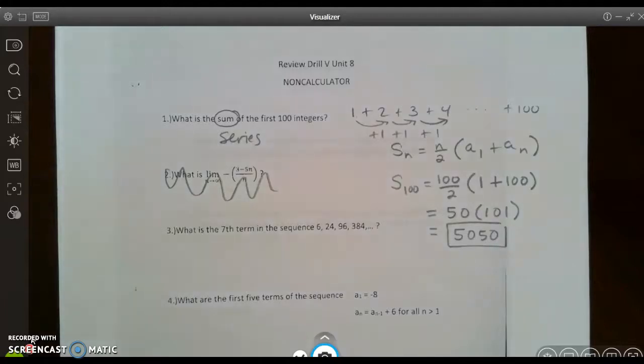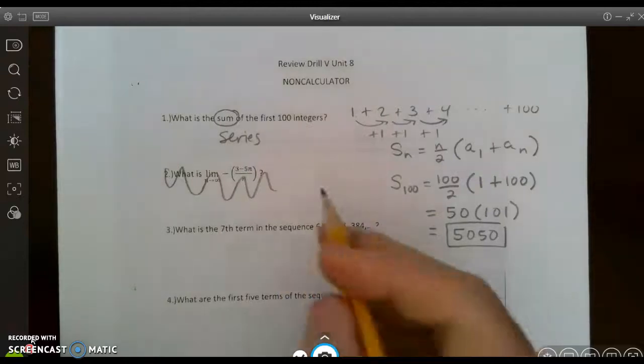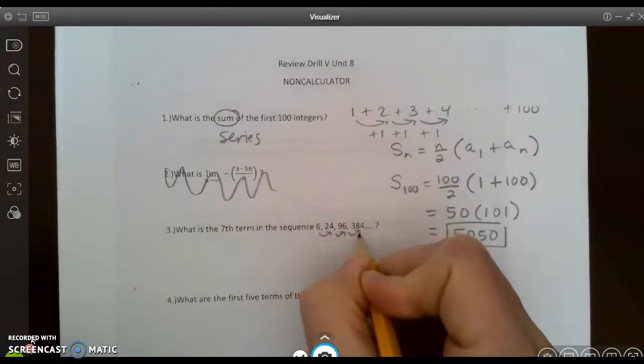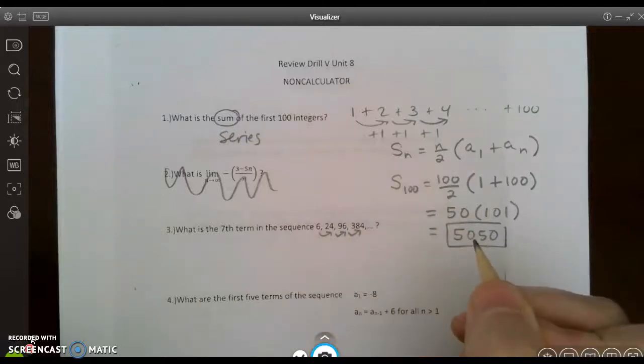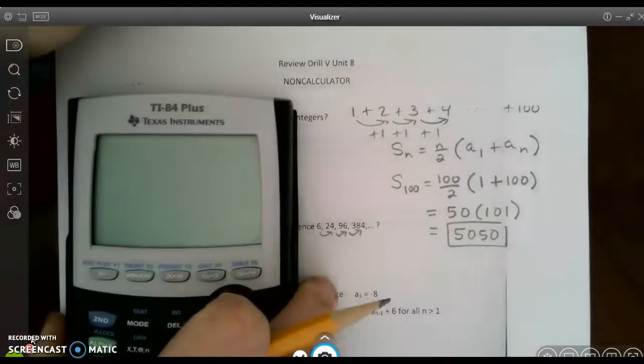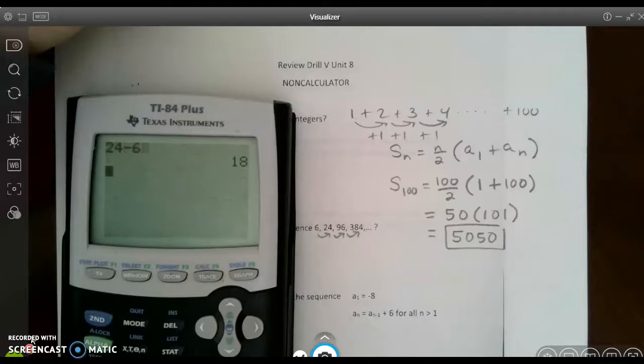Alright, let's go to number 3. What is the 7th term in this sequence? I've got to figure out, is this a constant difference or constant ratio? Let's see, 24 minus 6, 96 minus 24, they're not the same.